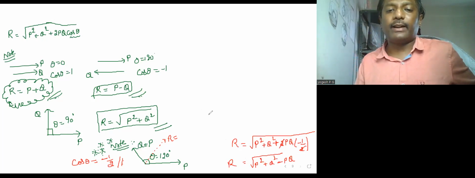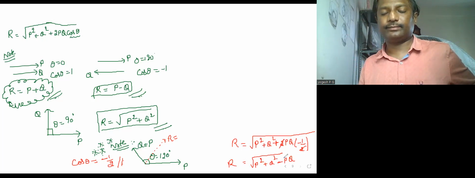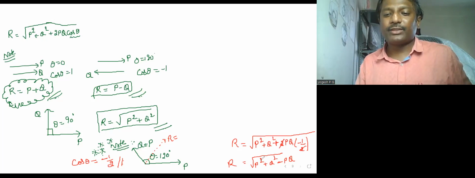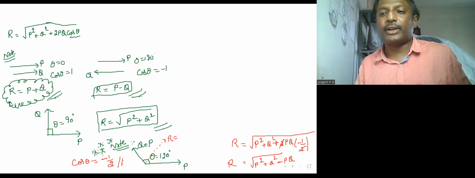P and Q are equal, right? If P and Q are equal, what will happen? P squared plus P squared minus P squared, no?